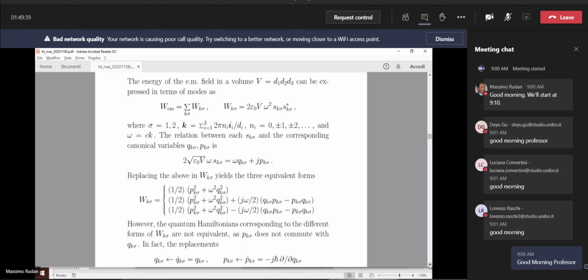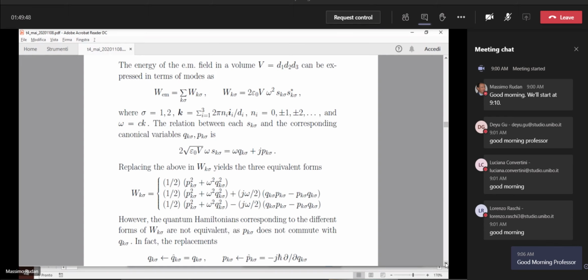By this replacement, the expression of the energy WKS of the individual mode becomes neat. You see the brace here. Look at the first line of the brace.